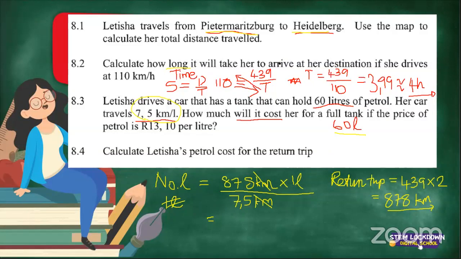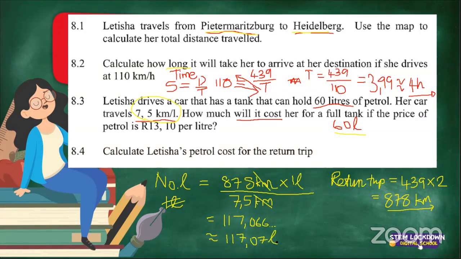Let's check. 878 divided by 7.5, so yes, the answer is 117.06666, recurring, which is equal to 117.07 if you're rounding to 2 decimal places. So you guys are correct.